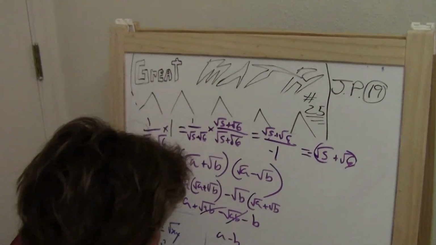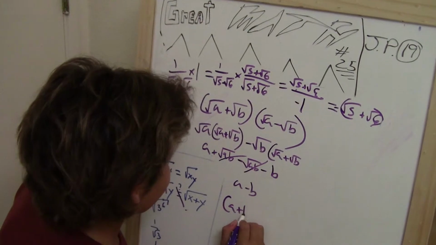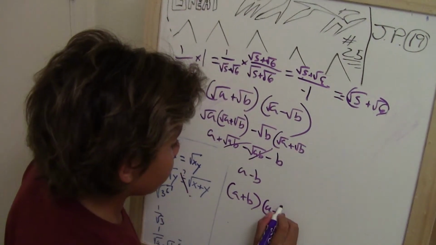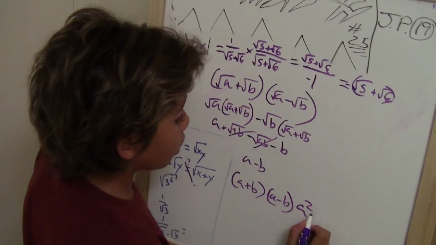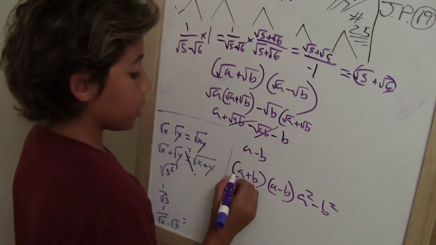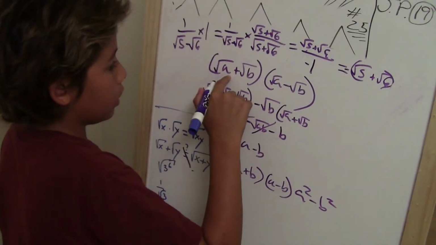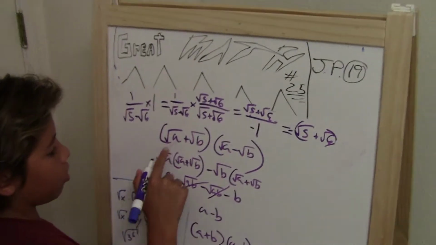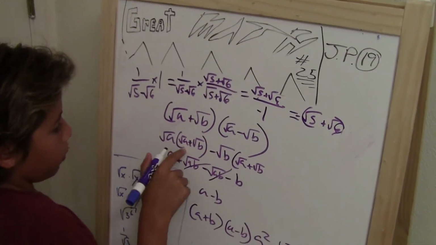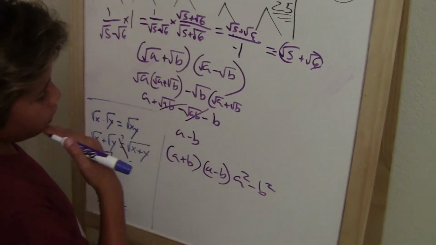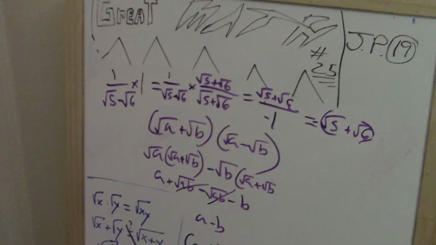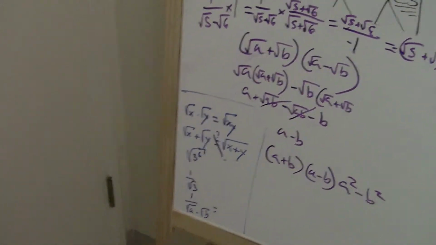So even if we just do A plus B times A minus B, we'll get A squared minus B squared, because you're actually multiplying it together when you do the variable thing. Just imagine that the square root wasn't there. You multiply that, it will be A squared. So no matter how many times you do it like this, there will be A minus B. That's how it will be.